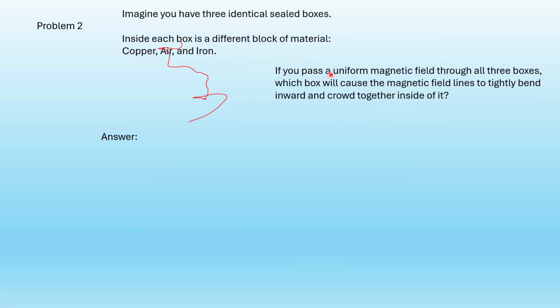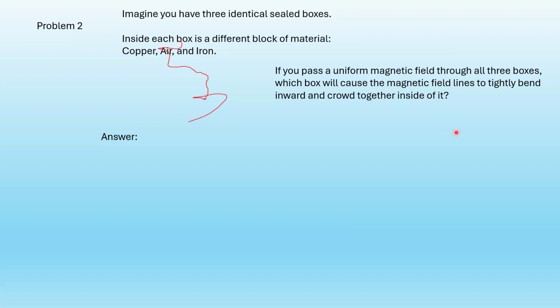If you pass a uniform magnetic field through all 3 boxes, maybe one at a time, which box will cause the magnetic field lines to tightly bend inward, just like inside a concentrating lens, and crowd the magnetic lines together inside of it?